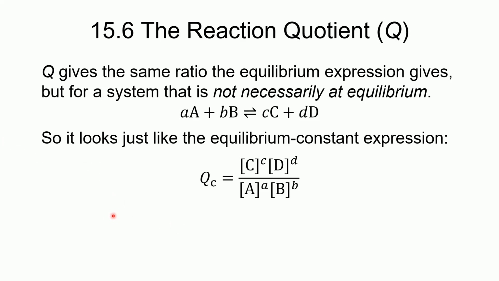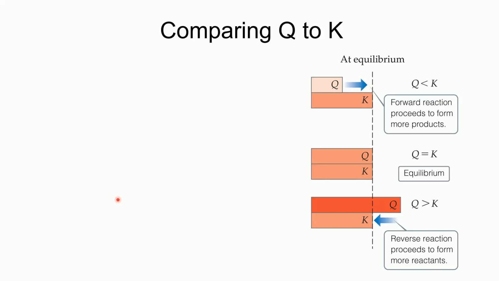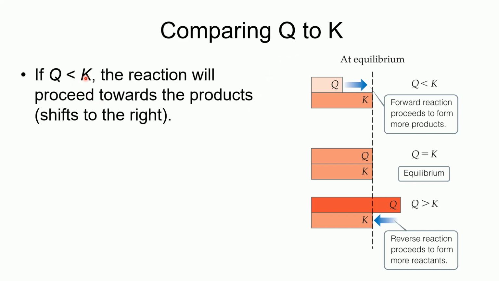The value of Q by itself is not that great. It's only when we take Q and compare it to the equilibrium constant K that we can get some real information about where our reaction is relative to equilibrium. So when we compare Q to K, first off, if Q is less than K, then the reaction will proceed towards the products.